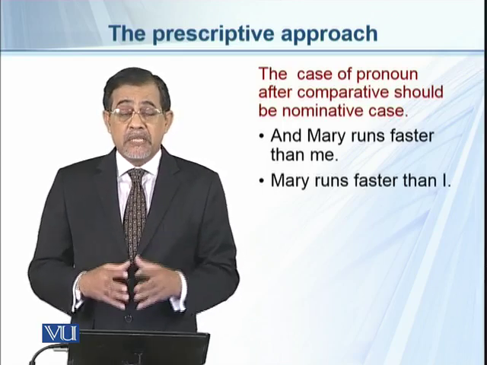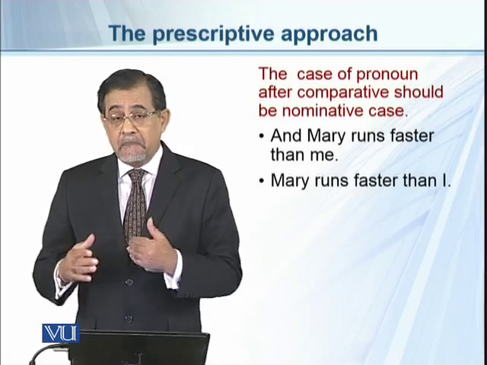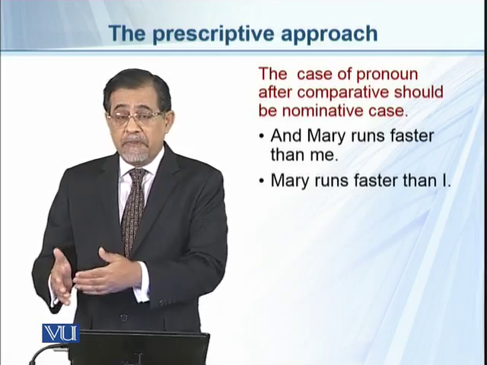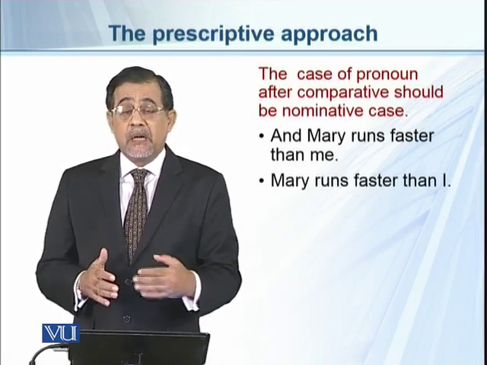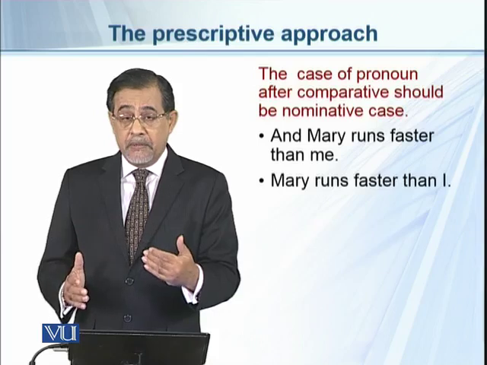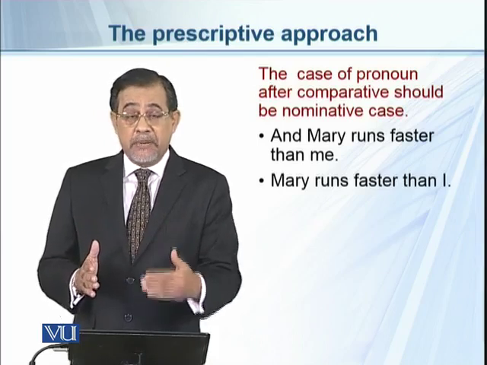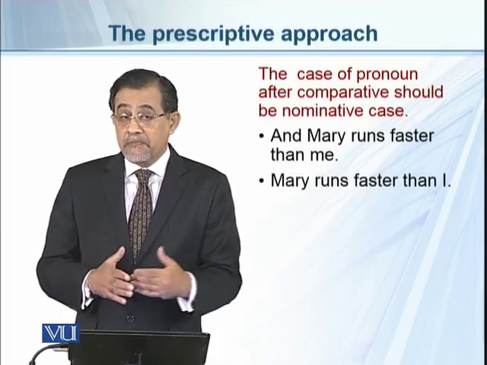The reason given is that after "than" there is an implied verb, so before the verb there should be a subjective pronoun. Though the verb is not stated here, right? They emphasize that we must bring the subjective pronoun.